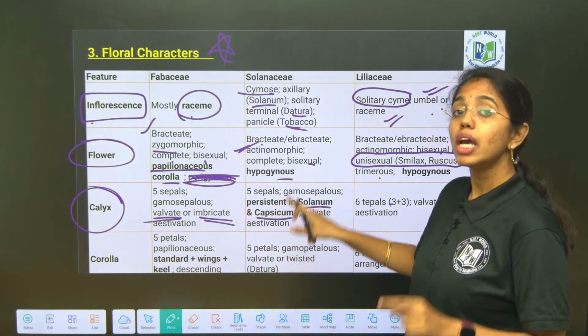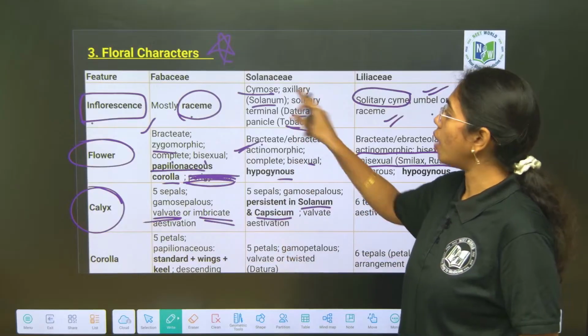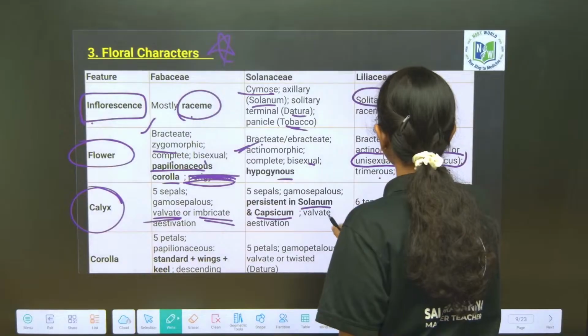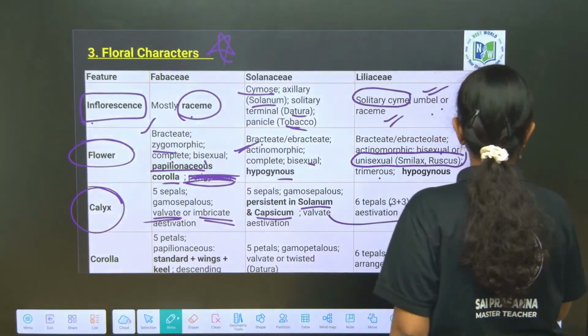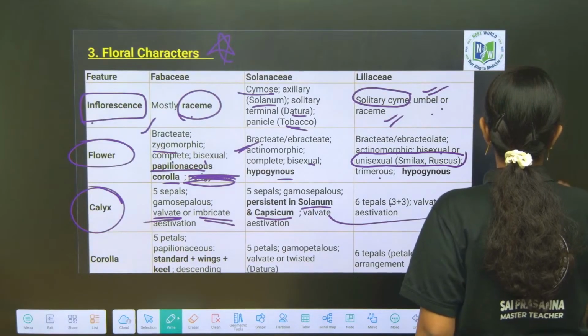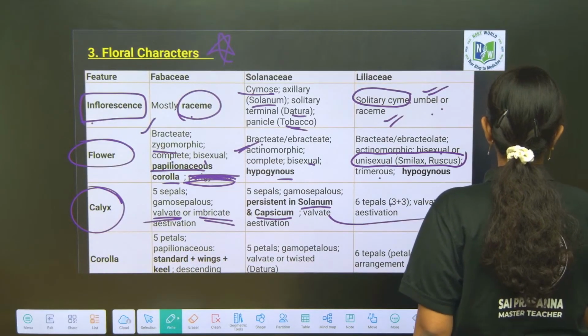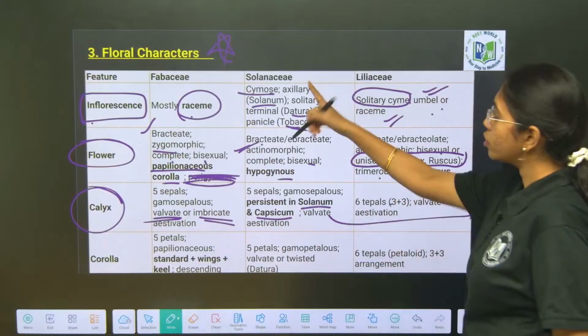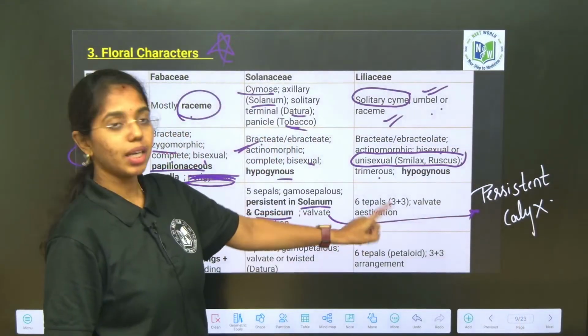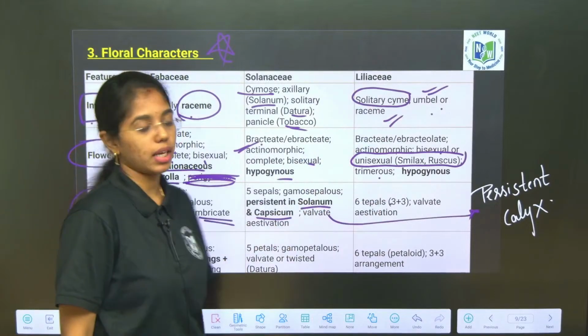Persistent calyx is the characteristic feature of Solanaceae members. Remember that, okay? Persistent calyx is the characteristic feature of what? Solanaceae members. And then Liliaceae: 6 tepals, 3 plus 3, and this shows valvate aestivation.